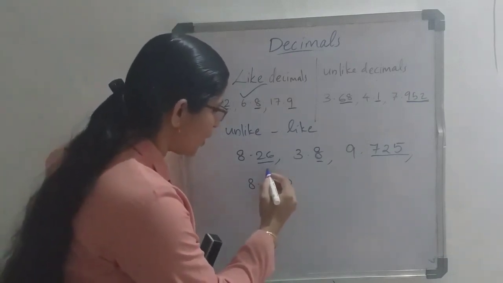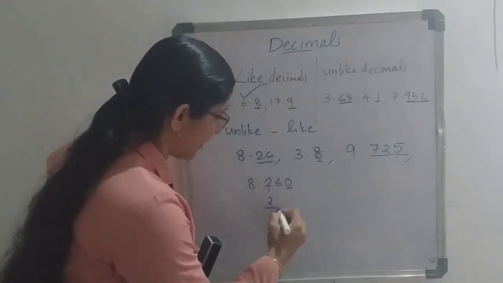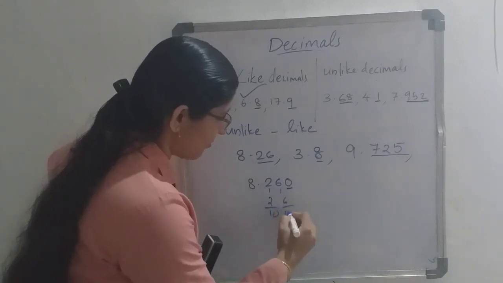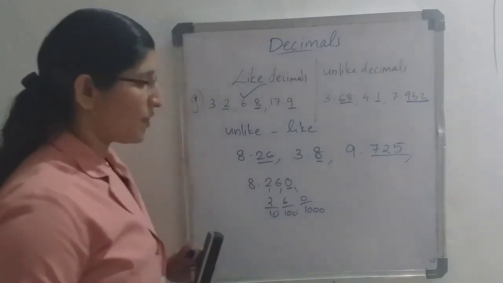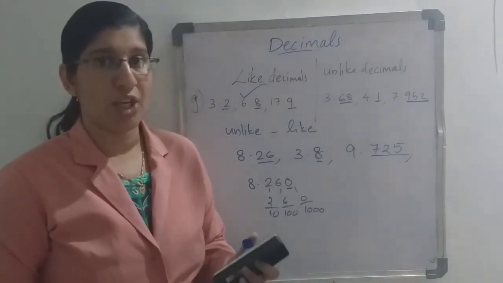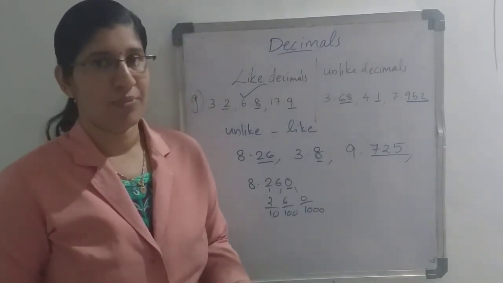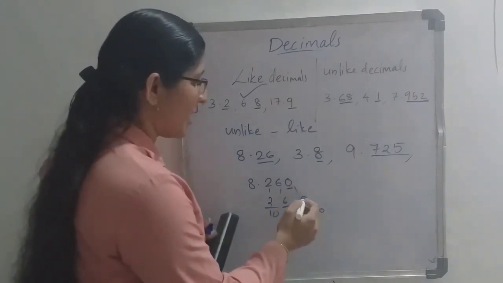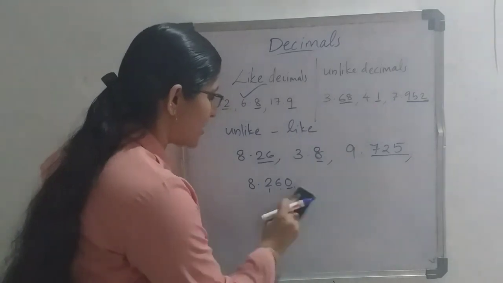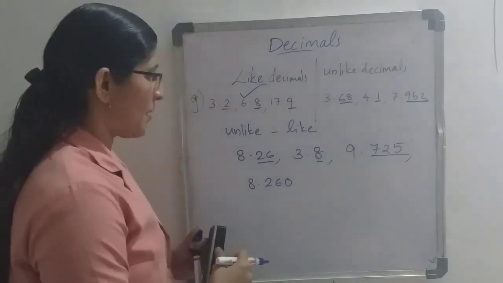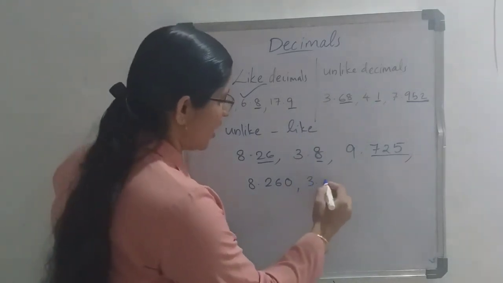Because the place values are 2 by 10, this is 6 by 100, this is 0 by 1000. We already studied in the division chapter that 0 divided by any number is 0. So the answer will be 0 only. So it has no value. So you can insert the 0 on the right side of the number and make it like decimals.